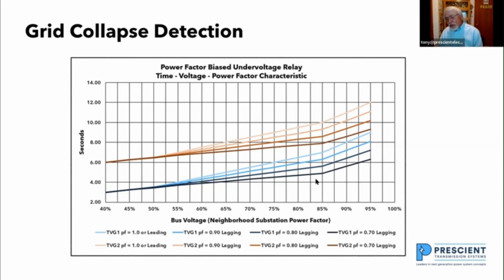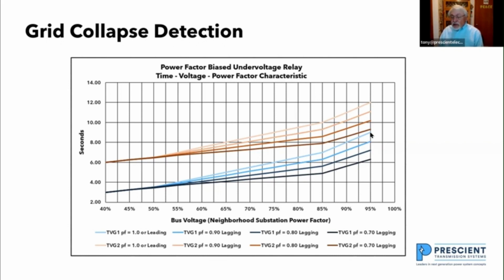And as the power factor improves, the delay that I'm willing to give the relay increases. So if I'm looking at time dial 1 here, if the power factor is 70% lagging and voltage is 95% for 6 seconds, I'm willing to shed load.